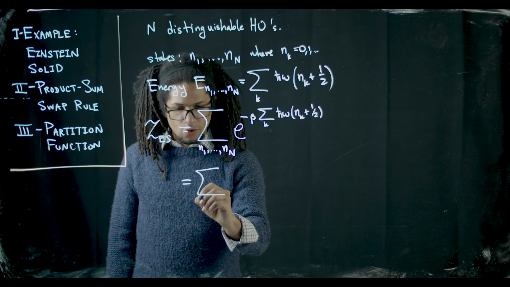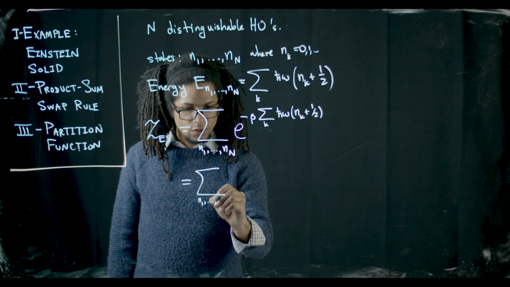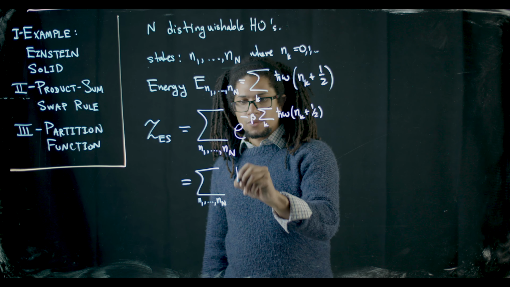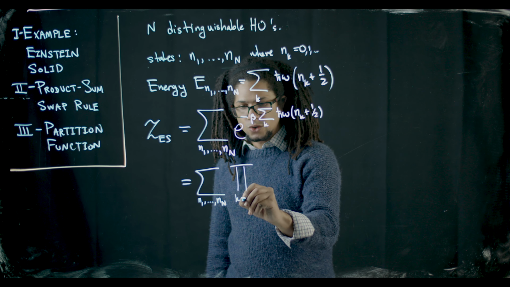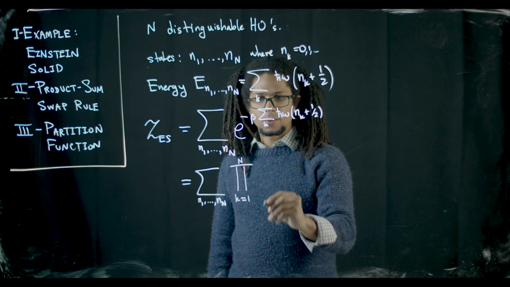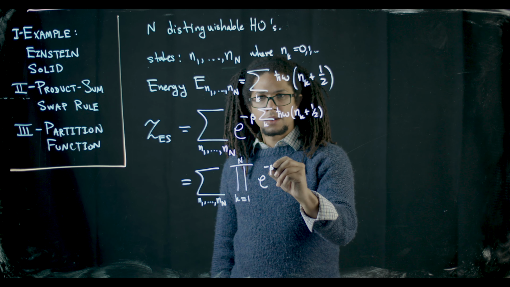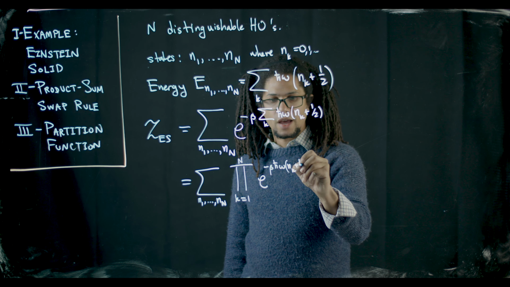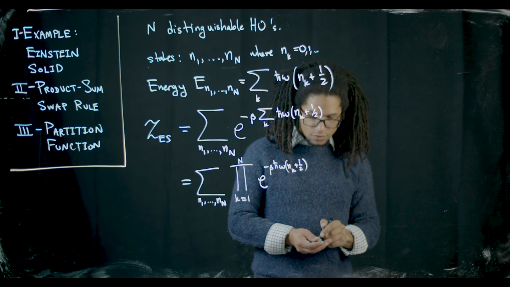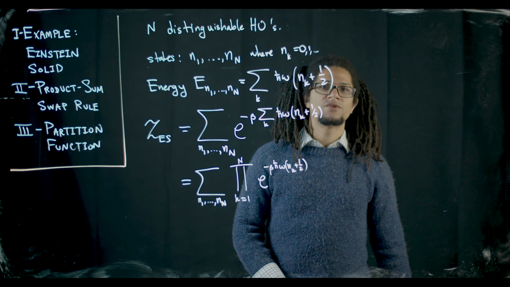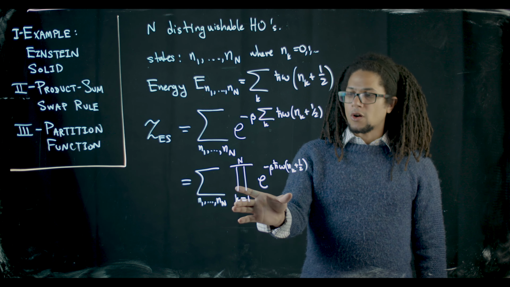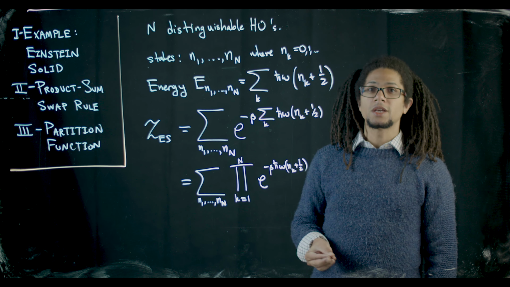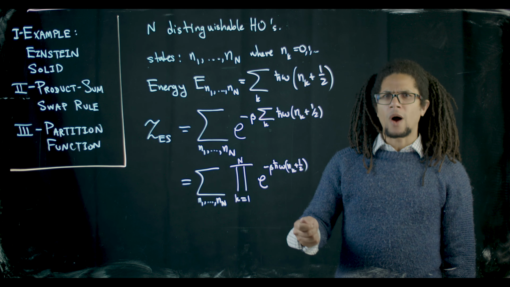So we're going to have our sum over all of these values, n_1 through n_N, of the product, k goes from 1 to capital N, of e to the minus beta ħω(n_k + 1/2). Now, there's something very important about what we've just done. In particular, our ability to break this into a product of exponentials is really going to help us down the road. And let's think about why we could do that.